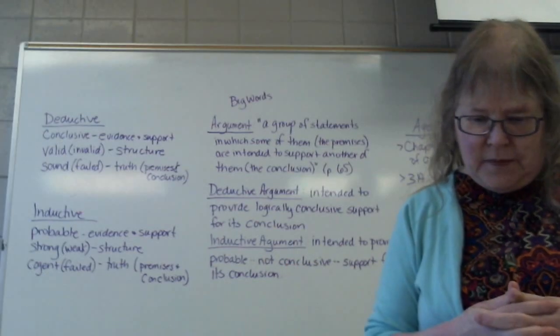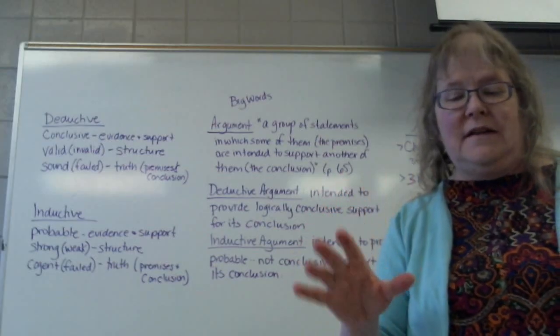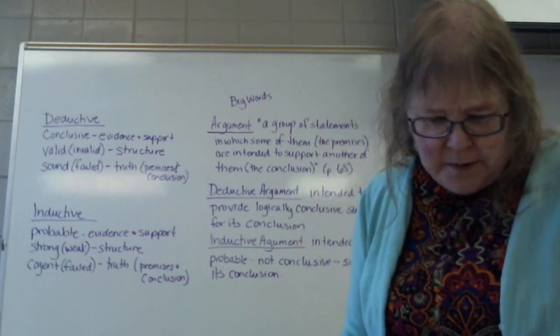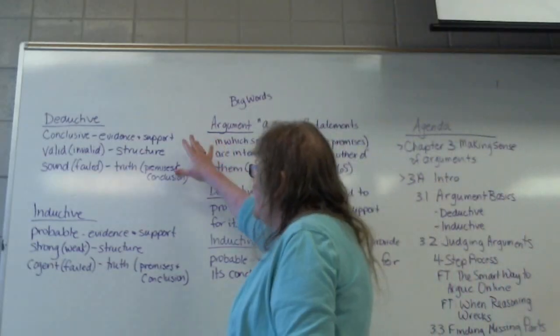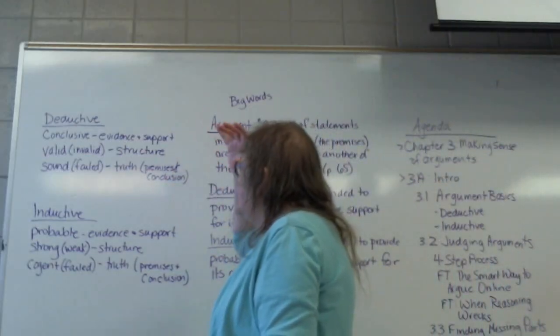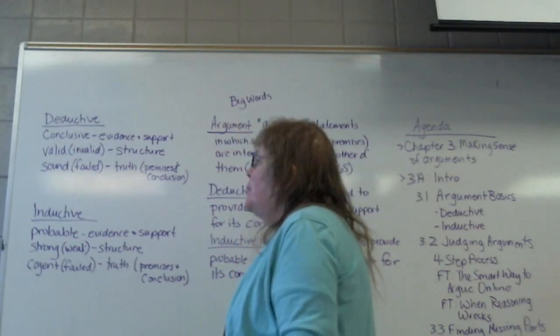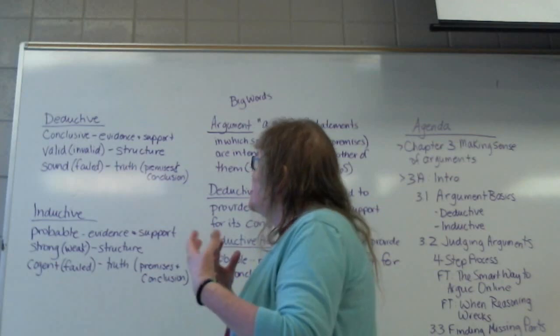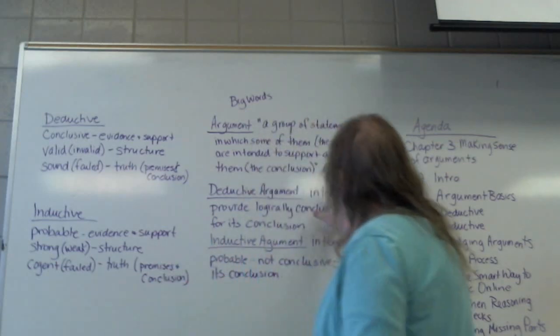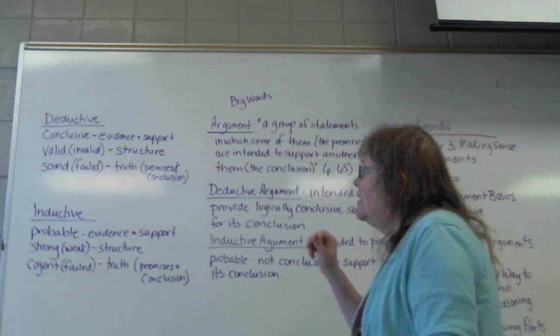And we'll spend lots of time on that in the middle section. Deductive and inductive arguments are very different from each other. They're both arguments. They both have premises and conclusions. They both have evidence. It's just what's their intent, okay? That's the intended part.